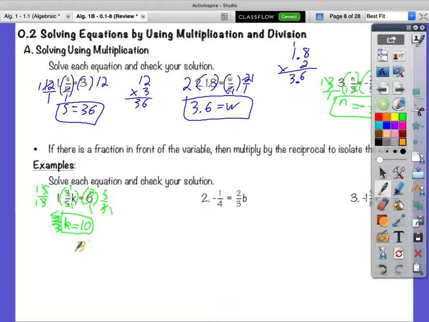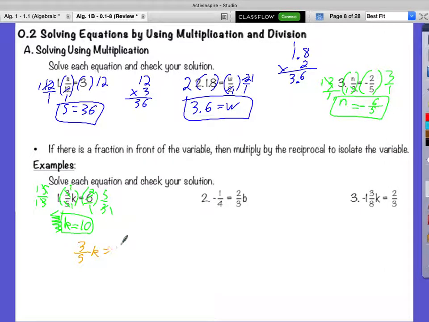So if we did 3/5 k is equal to 6, let's say we started off with getting rid of this dividing by 5. We know we can undo the division by multiplication, right? So we'll multiply both sides by 5. If that's like a 5 over 1, that would cross simplify, right?